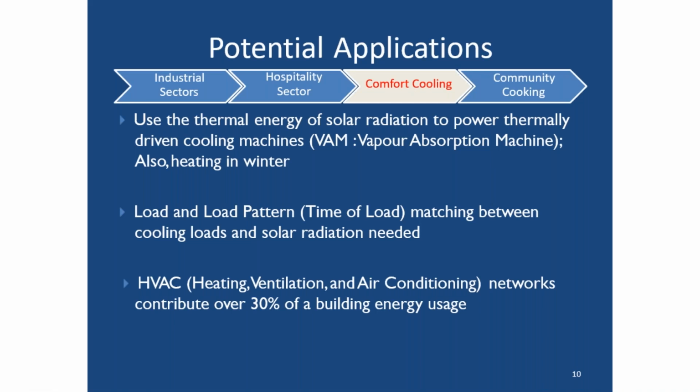So by using this solar thermal application, we can minimize this overloading on the grid and our power plant. Here we can see the HVAC, that means heating, ventilation and air conditioning system, is contributing around 30 to 40% for a building.